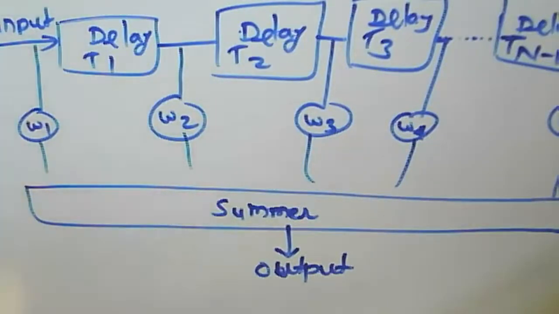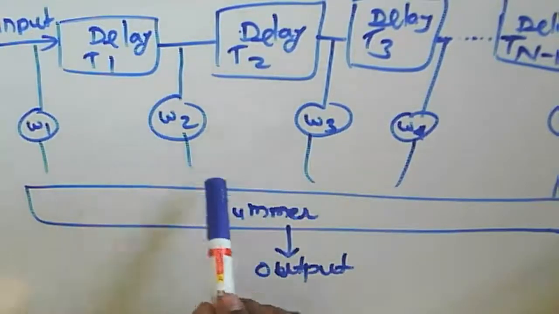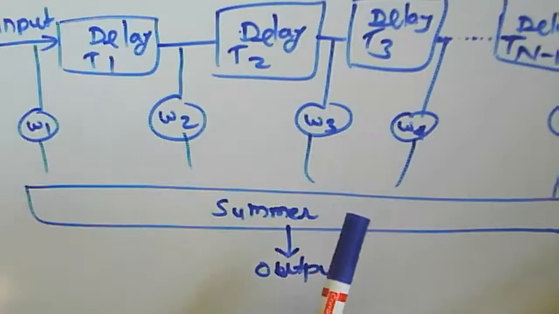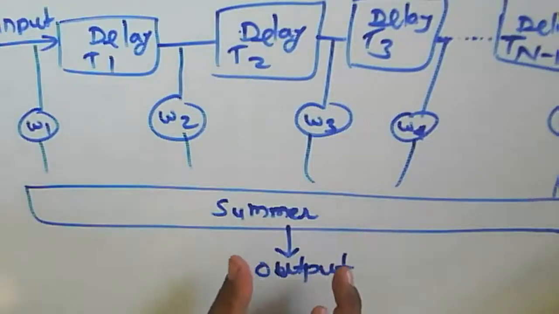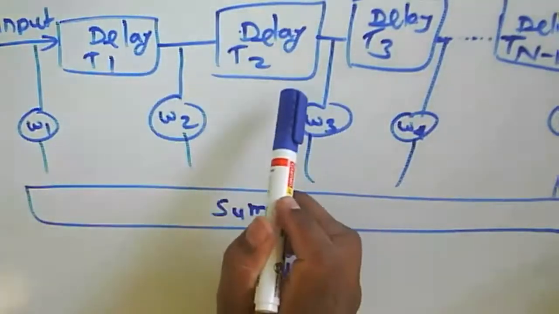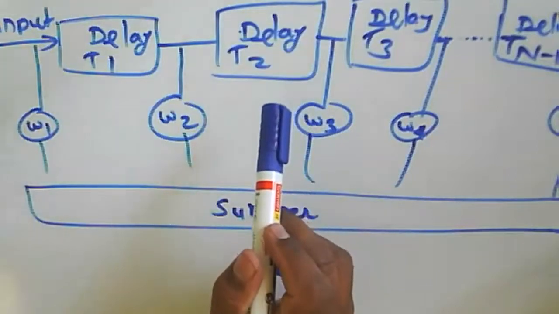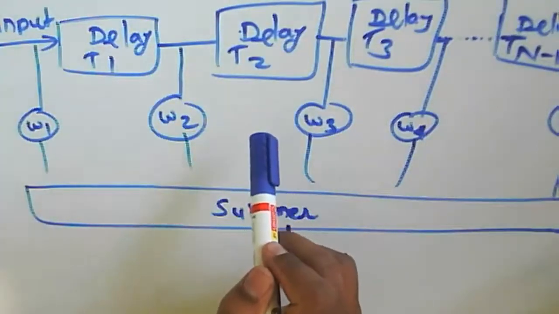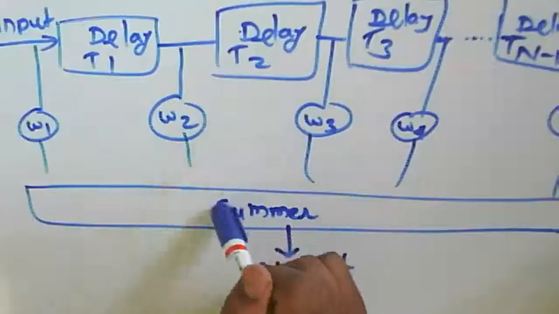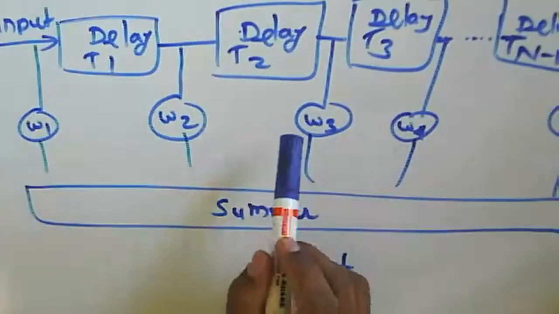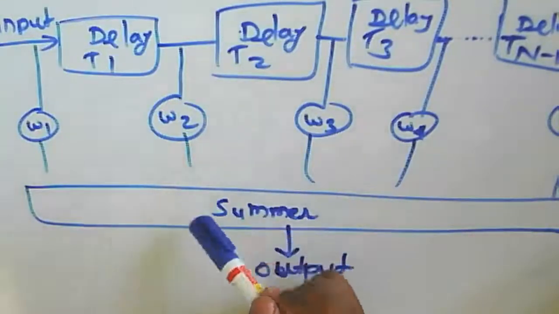So here we are applying the weights to the n plus 1 pulses, and then combining them. These are the delayed pulses, n plus 1 of them, and we apply a weight for each and every pulse, and we get the output.